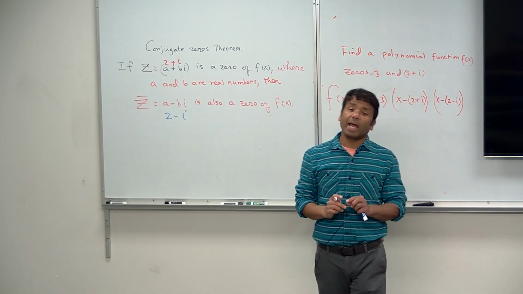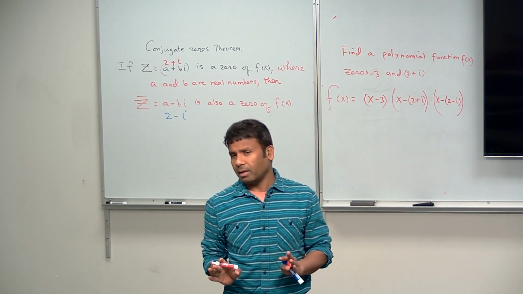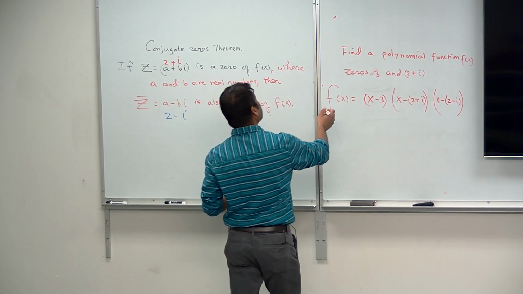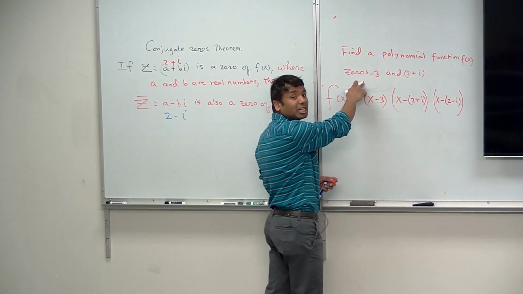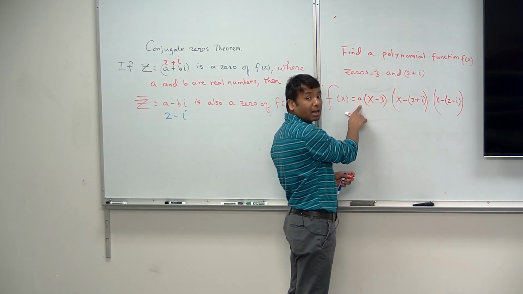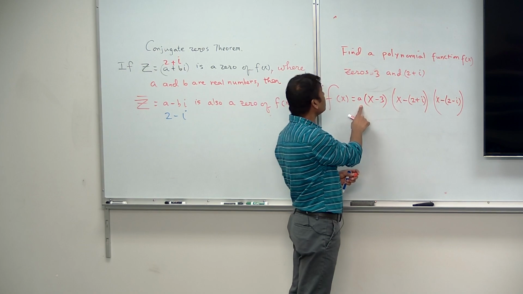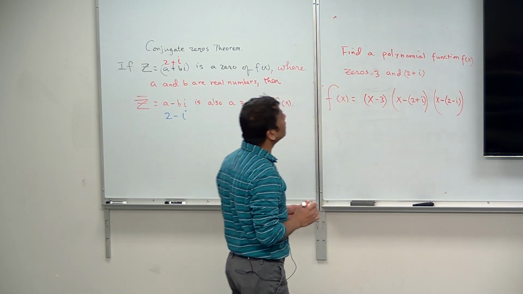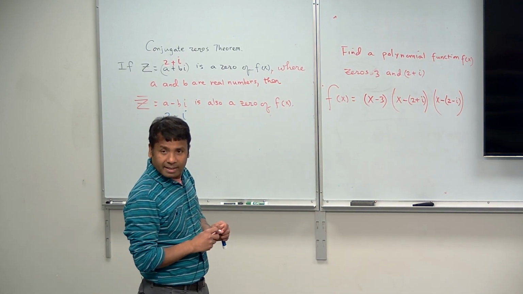Now, the one thing is, we don't have to worry about the leading coefficient here. You know why? Because if you put a leading coefficient, let's say a, you don't have any condition here that will help you get the value of a. So we just consider the leading coefficient to be 1. Make sense?